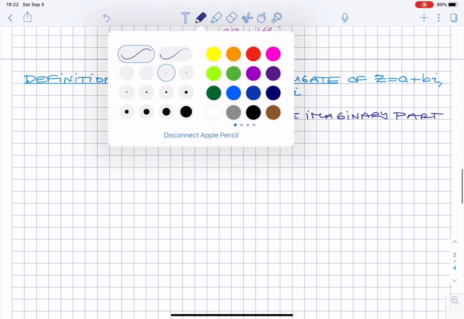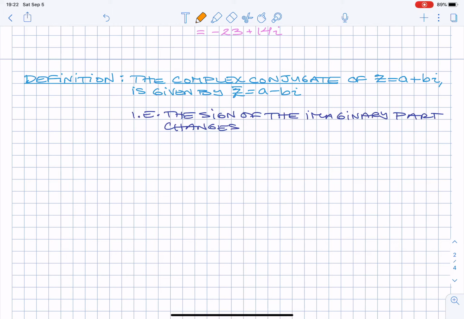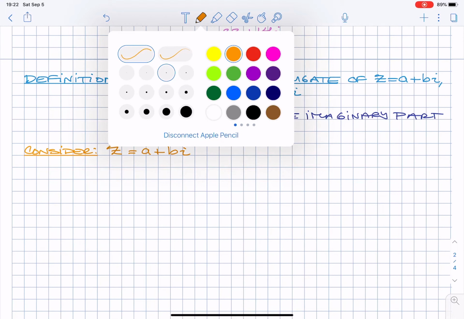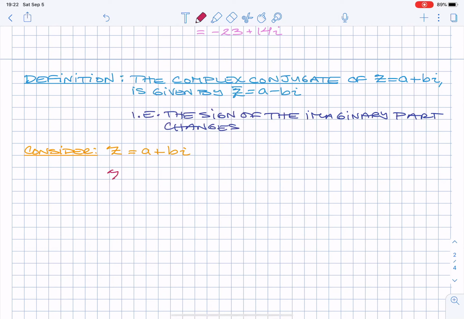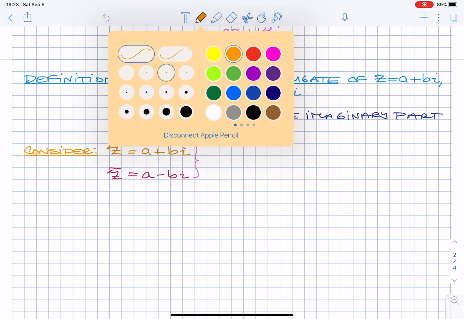So now let's consider, growl, I know, let's say we have z equal to a plus bi, and then z bar being the complex conjugate, a minus bi. Then the product is z z bar.